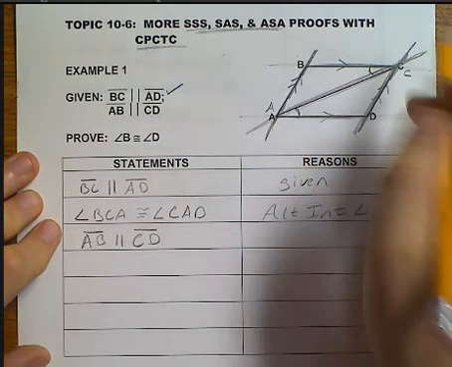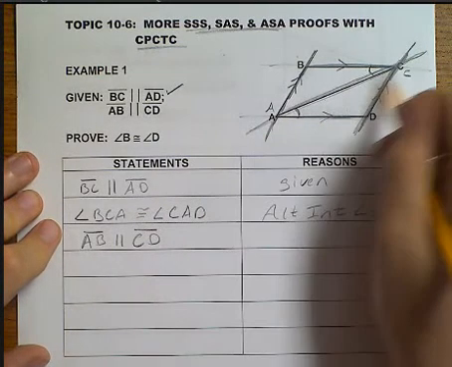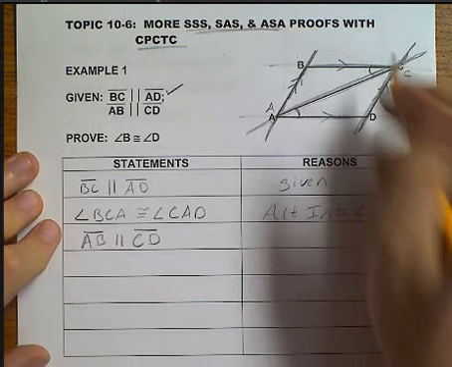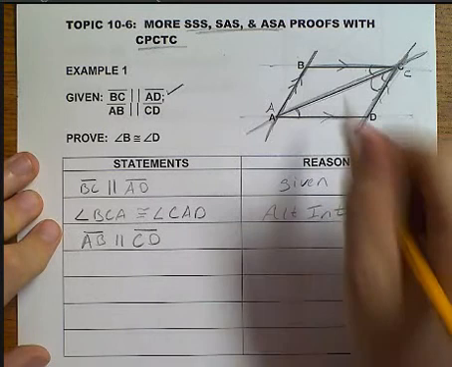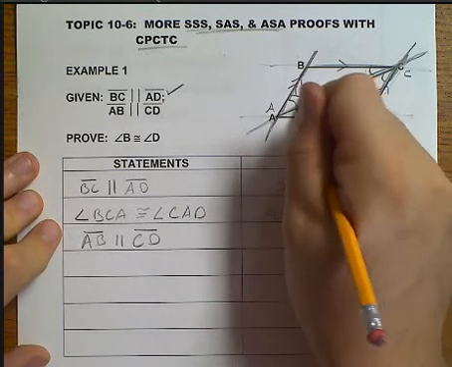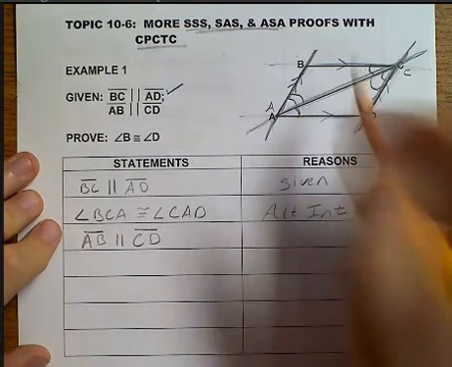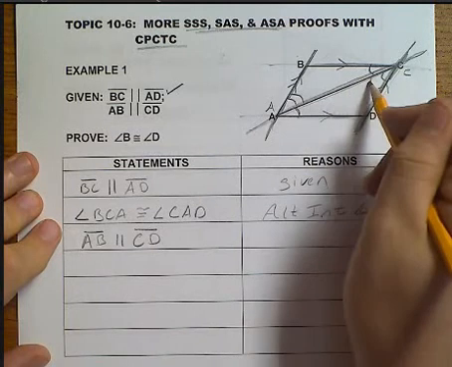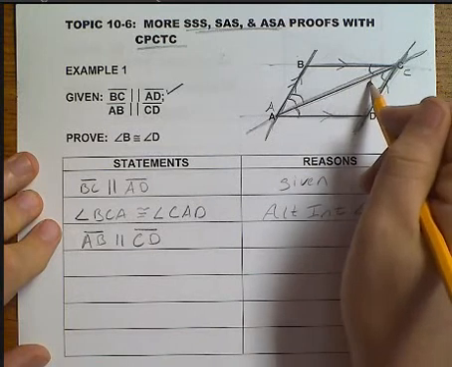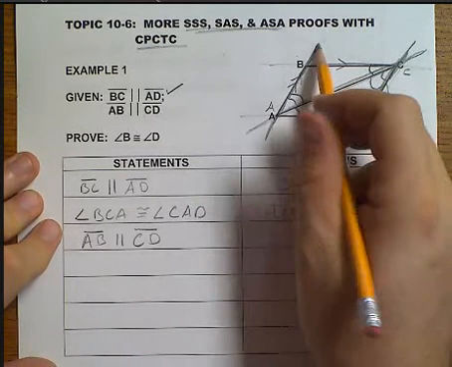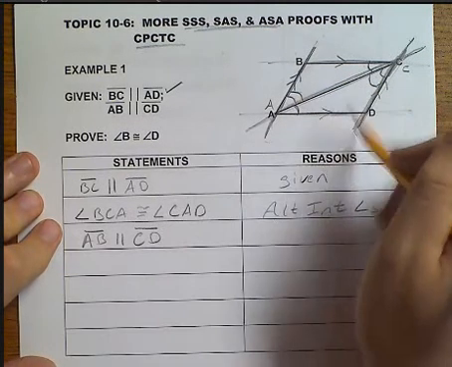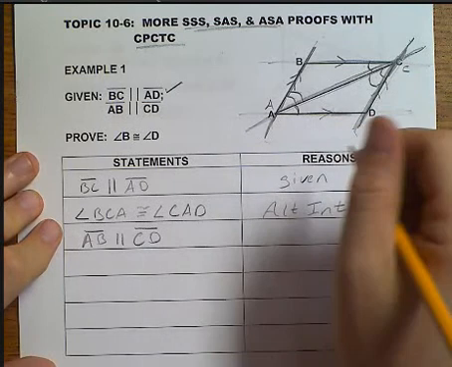Now here, I'm dealing with this angle, which I'm going to mark with 2 marks, and this angle, which I'm also marking with 2 marks. These are alternate interior angles, formed between these parallel lines and the transversal. It's very important that you get these right.